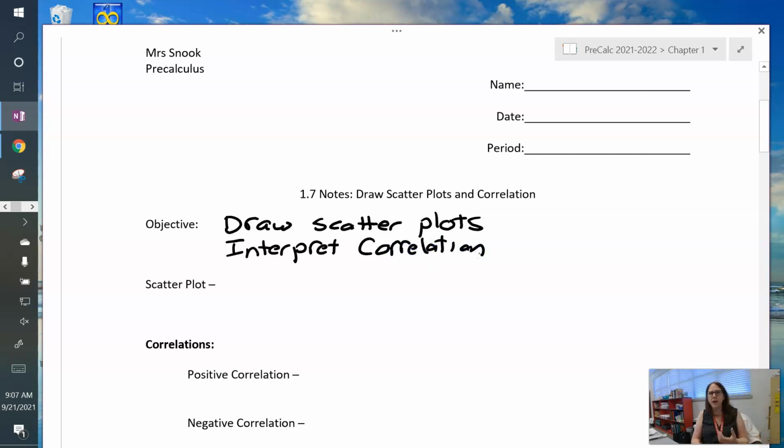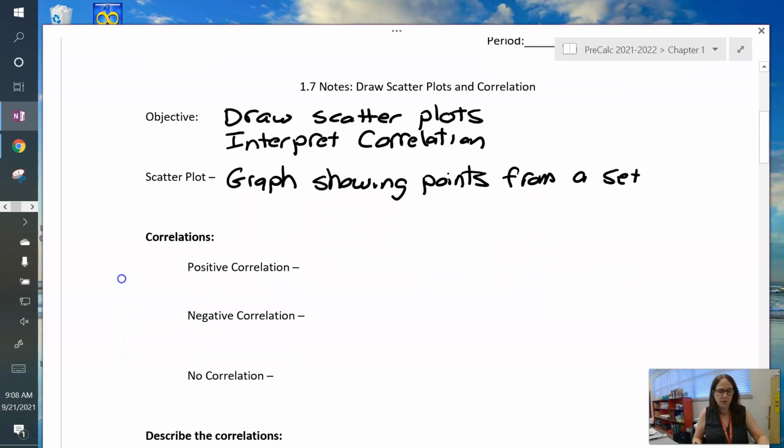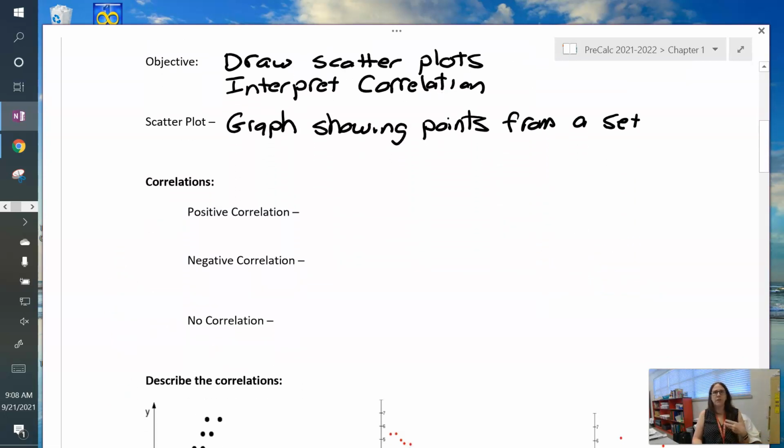So a scatter plot is a graph showing data points from a data set. And you can use these scatter plots to look at how the data is correlated.